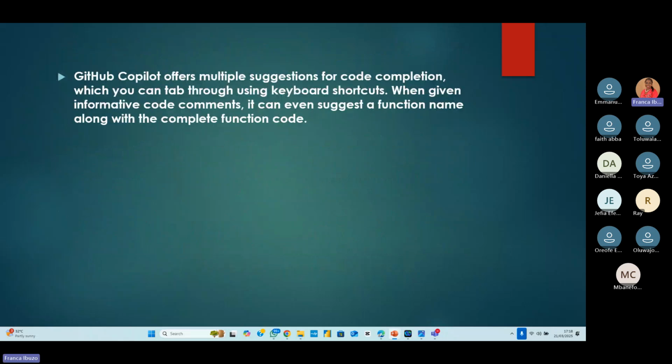It offers multiple suggestions for code completion, which you can tab through using keyboard shortcuts. When given informative code comments, it can even suggest a function name along with the complete function code.